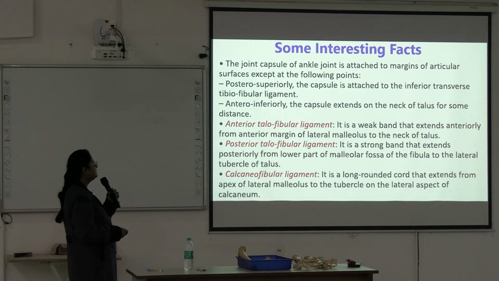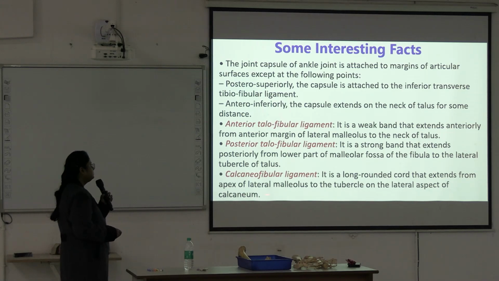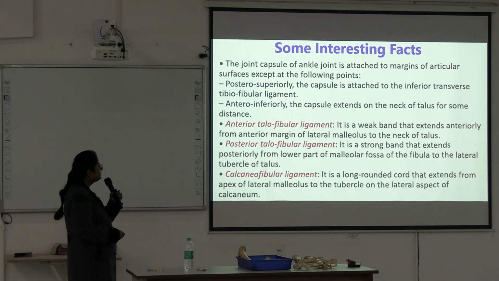The posterior talofibular ligament is a strong band that extends posteriorly from the lower part of the malleolar fossa of the fibula to the lateral tubercle of the talus. The calcaneofibular ligament is a long rounded cord that extends from the apex of the lateral malleolus to the tubercle on the lateral aspect of the calcaneum. So this is the attachment of the different ligaments.